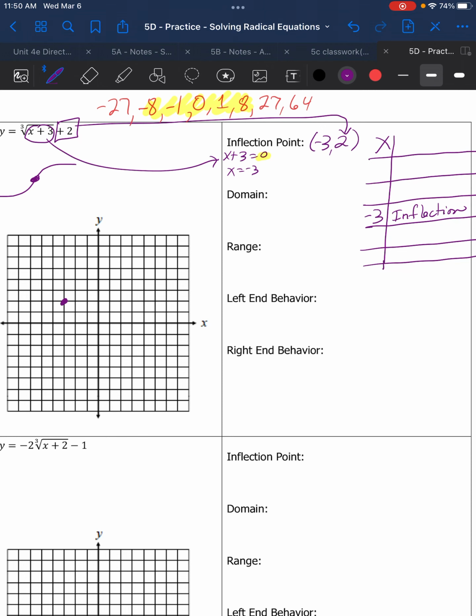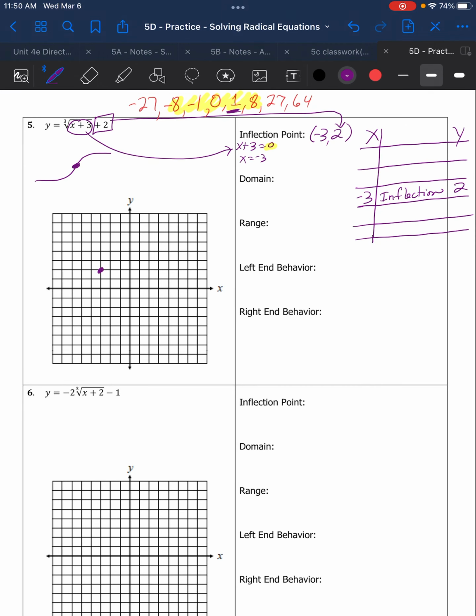The next thing I'm going to do is choose a number. I'm going to go with 1. So what number can I put in for x so that when I cube root it and add 2, it's going to be 1? So it's going to be x plus 3 equals 1. Well, what number would that be? That's -2.